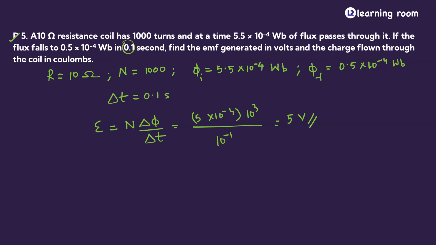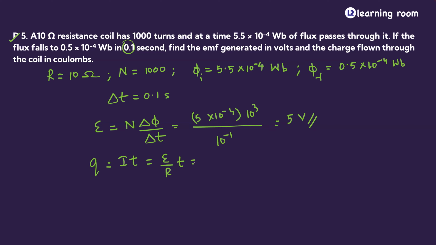And what is going to be the charge in it? So charge is equal to current multiplied with time. But what is current? EMF by resistance. So E by R into T. E is 5. How much is the time? 0.1 seconds, which is 10 power minus 1. What is the resistance?